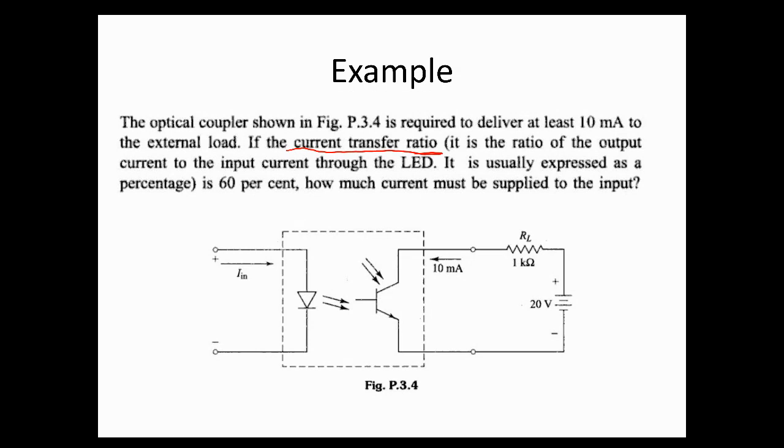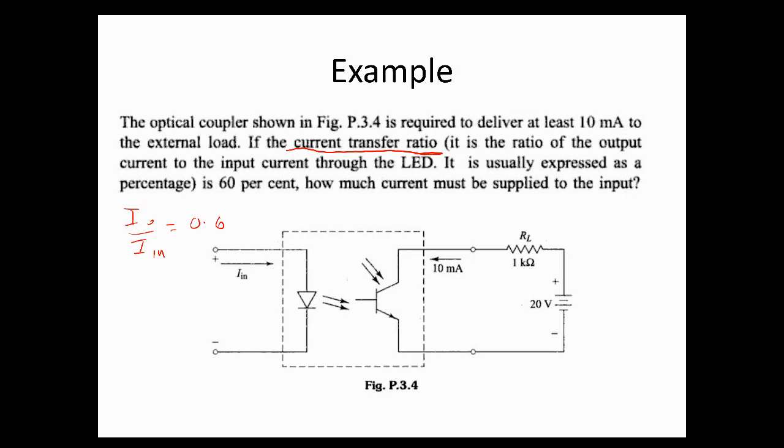That's basically the ratio of your output current to input current. You're told here that it is 60%, so that's 0.6.